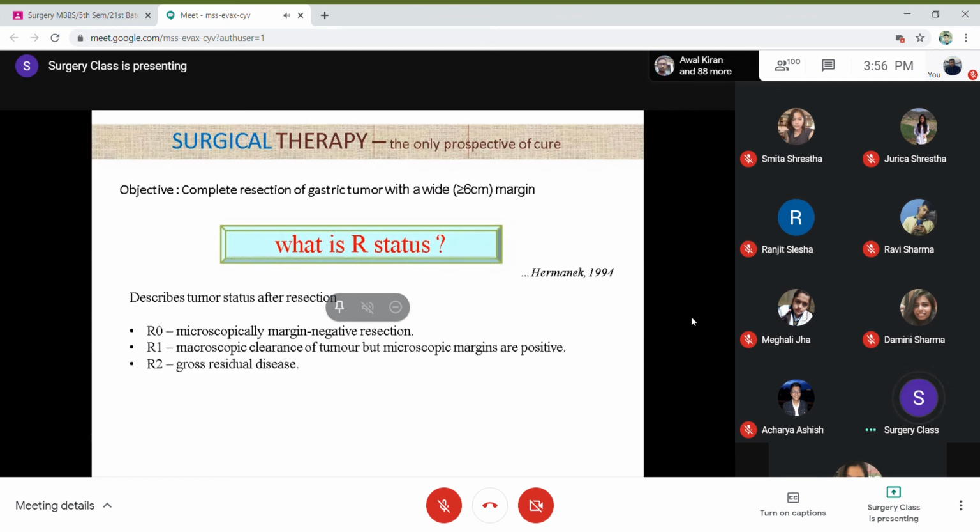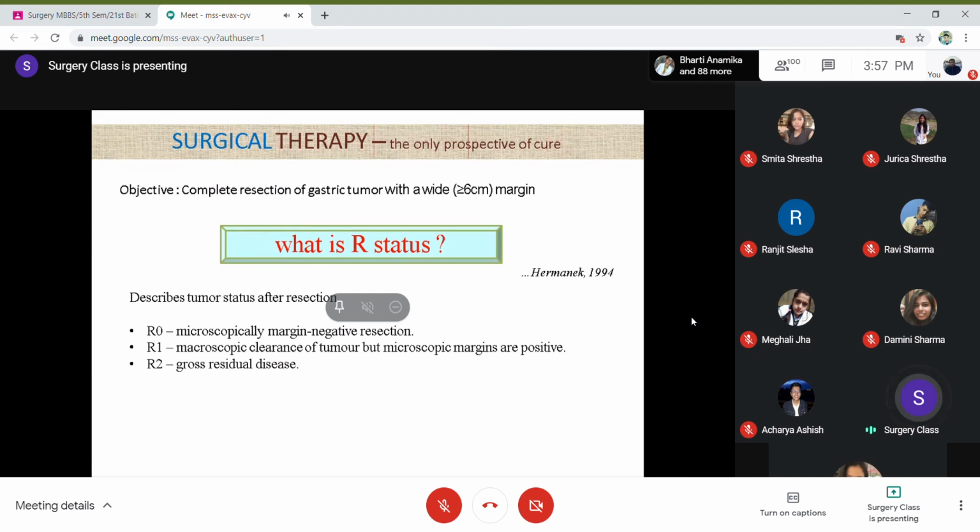So if you have done an R0 resection, how will you know it? Initially during surgery, you will see with your eyes whether it is an R0 or not. And when you get the final pathology report, then you will know that it is an R0 resection. So your target should always be an R0 resection, not R1, not R2.